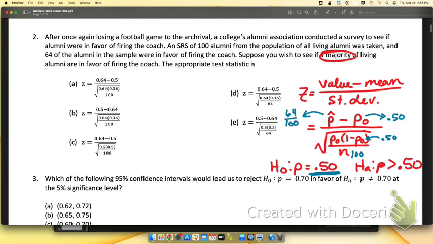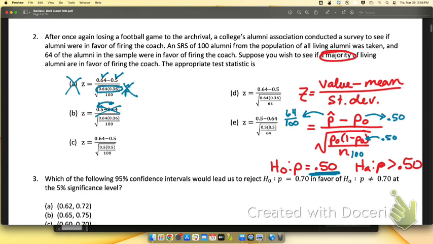So the one that matches this would be 0.64, 0.5 on the bottom. This is a problem because this is using p hat on the bottom instead of our hypothesized value, and that is a problem. So that one's out. This one has these on the top switched, so that one's out.